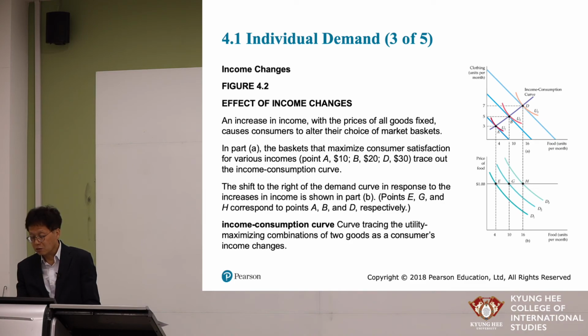The Engel curve is just the same as this one, right? But here, the Y variable is your income rather than price. So at point A, your income is $10, for example, and your demand for food is 4. So this point. At point B, your income increased, for example, to $20. Then demand for food is 10. At point D, your income increased to $40 and demand also increased. So it is a positive curve like this.